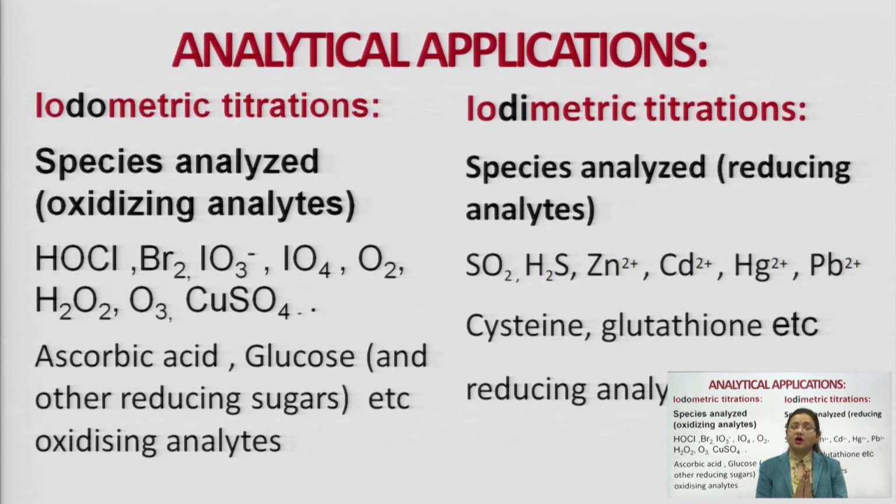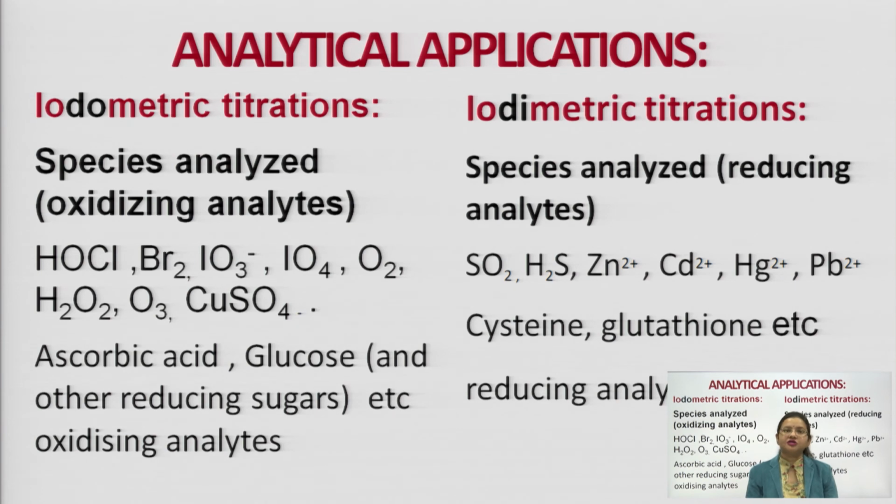That's why the oxidizing capacity of the analyte is very, very important for this reaction to go on smoothly. So powerful oxidizing analytes will serve as good reactants for iodometric titrations. And for iodimetric titration, the reverse is the case.